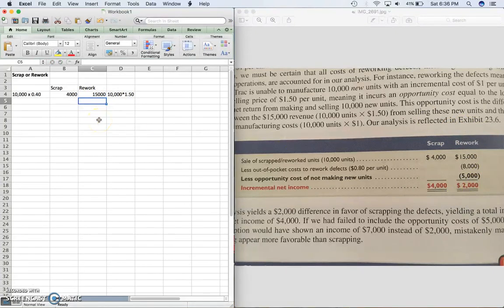Some things that we add on to these costs are the less out-of-pocket cost to rework. This is where we add in the 80 cents. So this is just 10,000 times 0.8, or 80 cents.